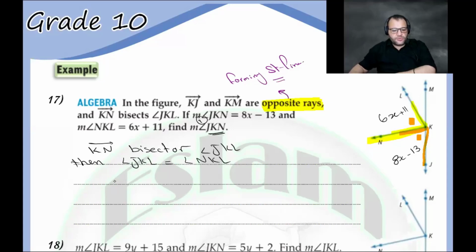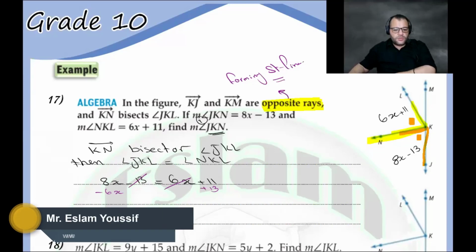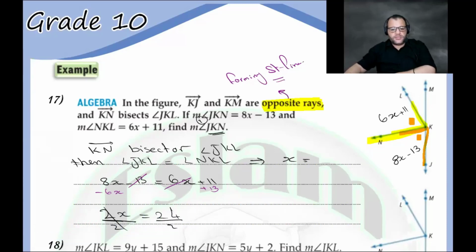By substitution, 8x minus 13 equals 6x plus 11. By adding 13 and subtracting 6x, then 2x equals 24, divided by 2, therefore x is equal to 12.